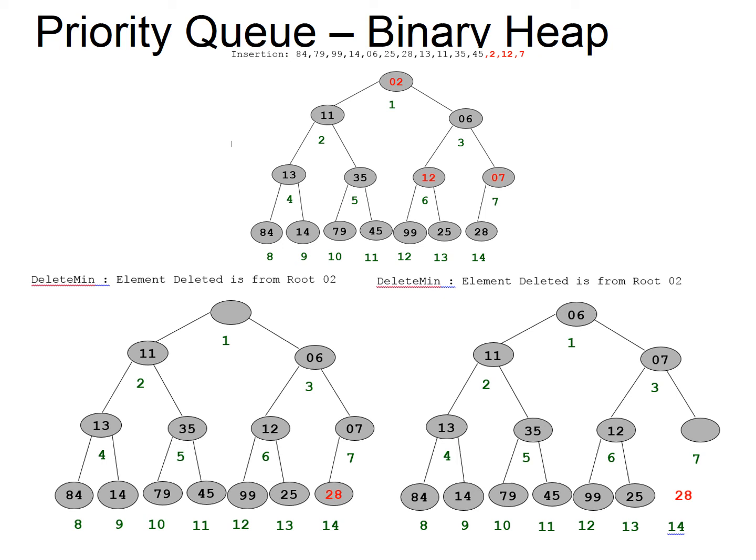In a deletion, when you delete a value, it may be deleted from the root or any other cell. That structure will be removed from right to left, bottom to top. So when 2 is deleted, automatically node 14 will be removed. So you can see in the right diagram, the structure for 28 is being removed.